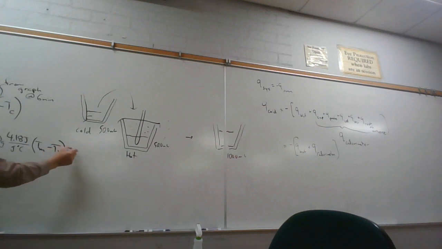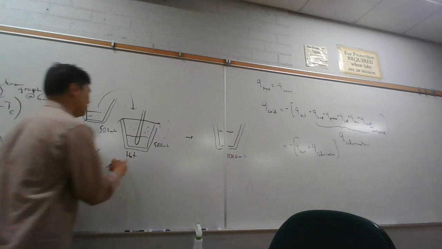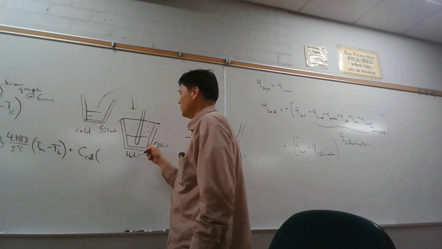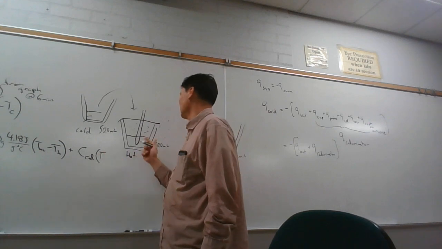How many calorimeters do we have? Just one calorimeter. So this is just going to be C of the calorimeter, I don't know what C of the calorimeter is, times delta T of the calorimeter. Delta T of the calorimeter: it started in thermal equilibrium with the hot water and ends at thermal equilibrium with the mix.